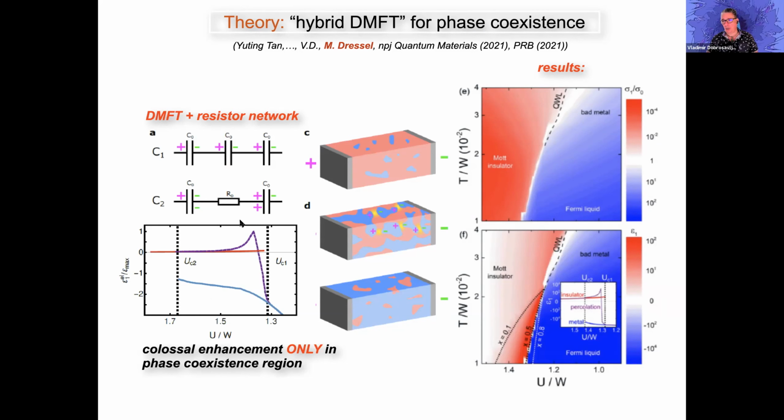In this picture, the only effect of disorder that we consider is the fact that we have phase coexistence. If you have a clean system, you have global phase separation. To get these large domains, you need some weak disorder. We found in the supercell simulation that this indeed happens. But in this calculation, we've only assumed that there is a certain volume fraction of metal in the insulator, and in our model, they vary smoothly.